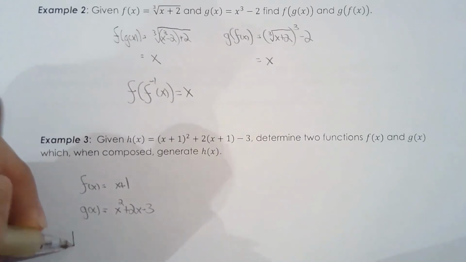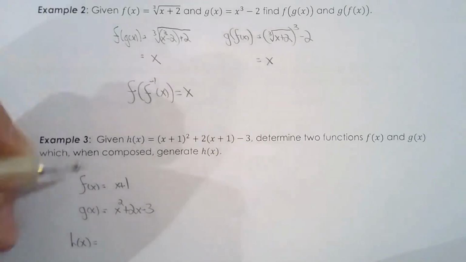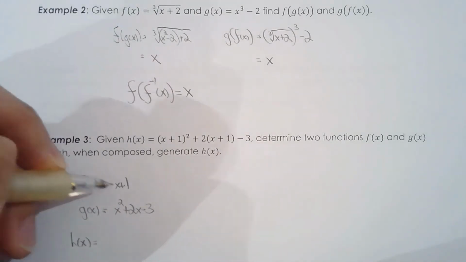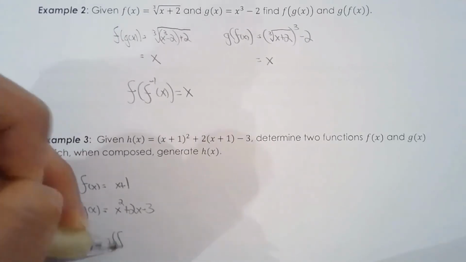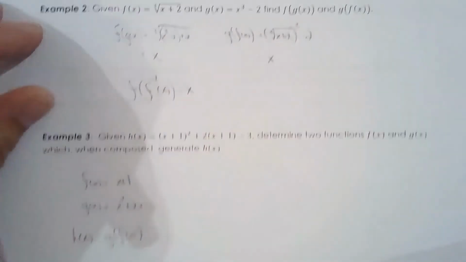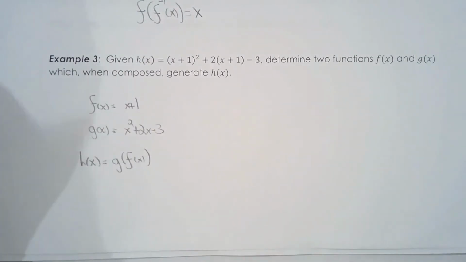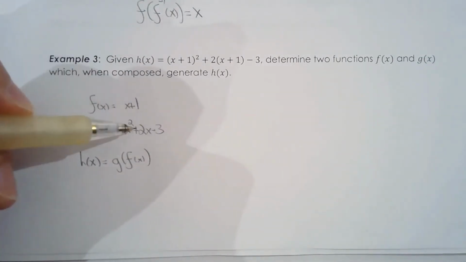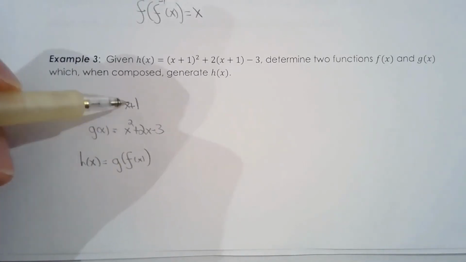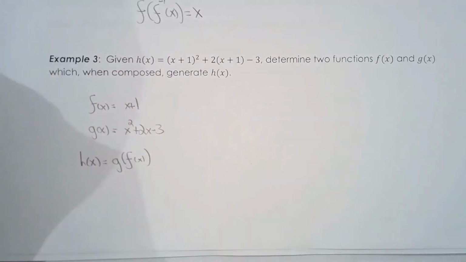So h of x equals, let's see, what did I say? f into g, right? So it's going to be g of f of x. So you want to nest f into g, not the other way around, because the other way around will not get you h of x.